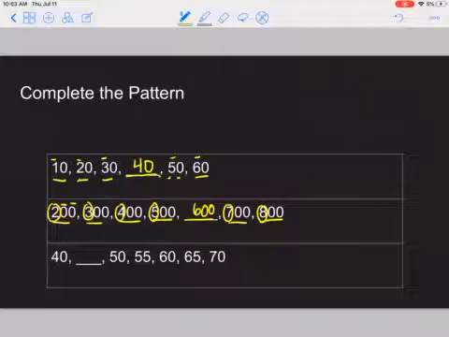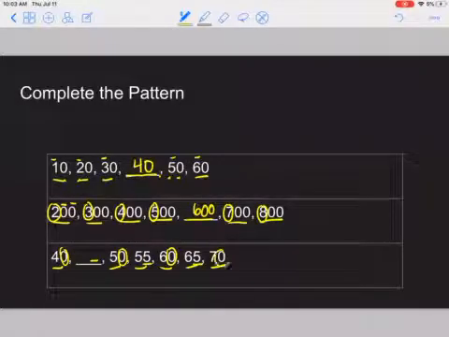The last one we have is 40, blank, 50, 55, 60, 65, 70. Interesting. Let's look at our ones place. We have a 0, blank, 0, 5, 0, 5, 0. Is our ones place changing or is it staying the same?